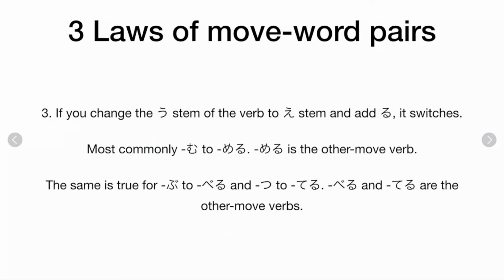And then the last law is if you have the u stem and you make it, right? So if, for example, you had a verb that ends in mu, then instead of mu, take out the u, make it e, and add ru, and that is the other form.